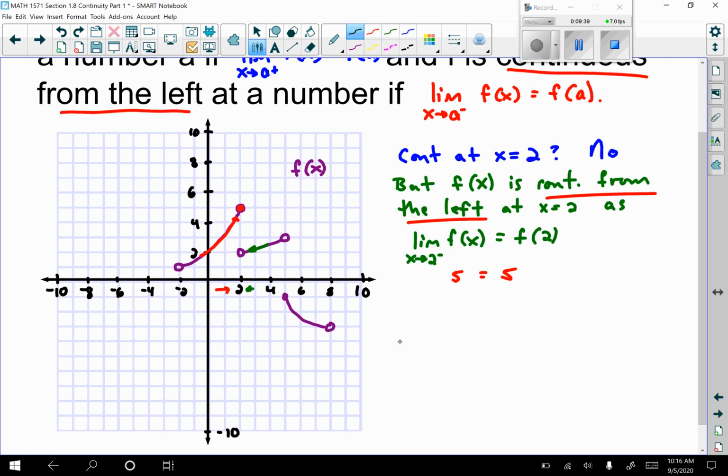Let's take a look now. Is f continuous at x equals 5? No. However, that's saying from both sides here, because it is separated.